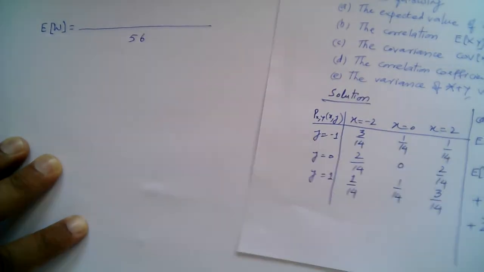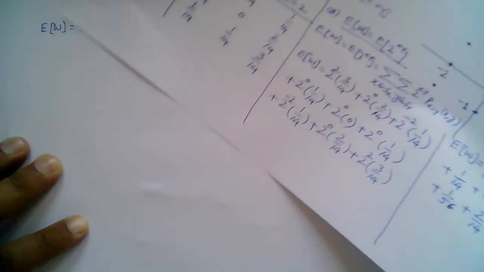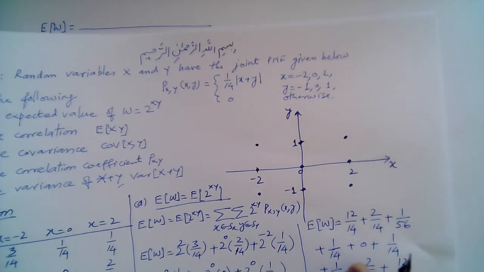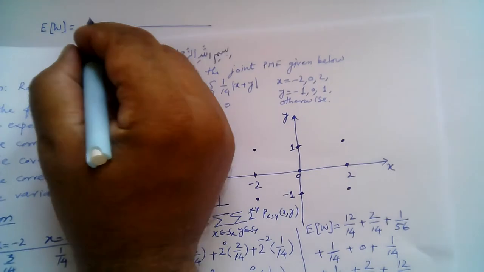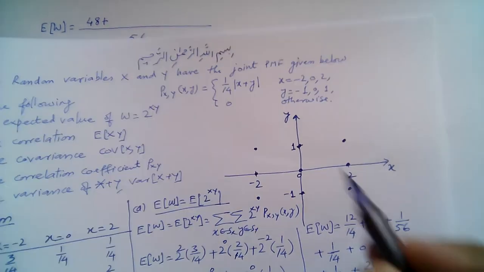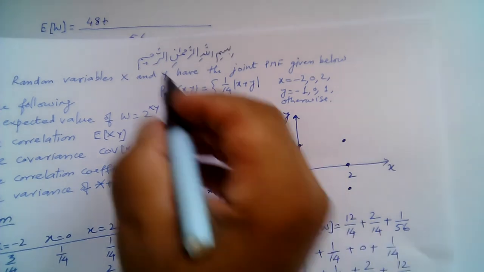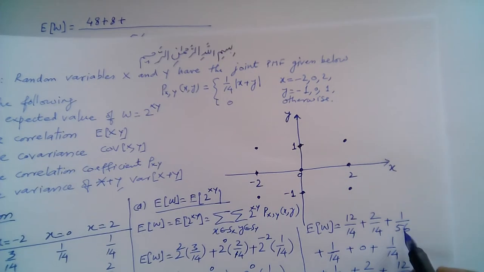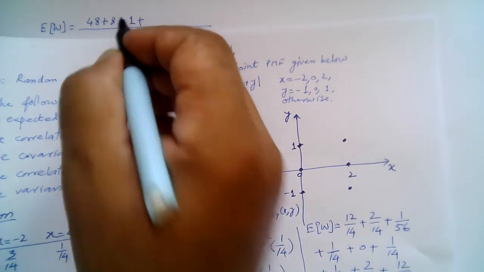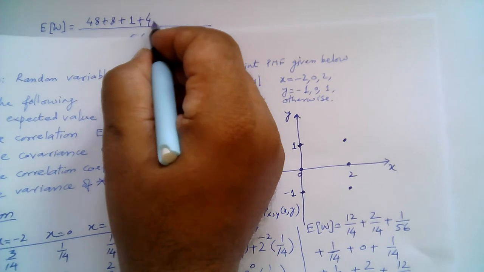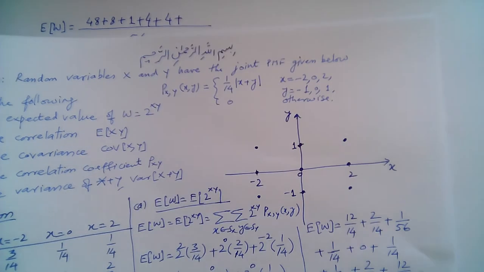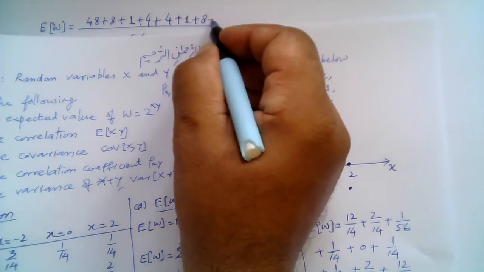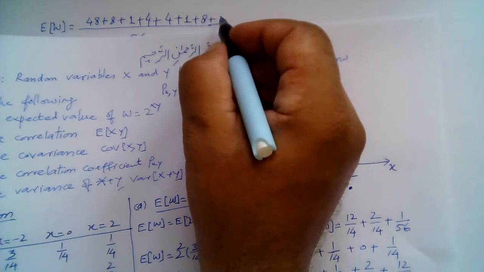So the first value is 12 over 14 here, so 14 into 4 is 56, so 4 into 12 is 48, so this is 48 here, then plus 4 into 2 is 8, then this is 1 here, then next 4, plus 0 and plus 4, and then 1, then 8, and then 48 again.